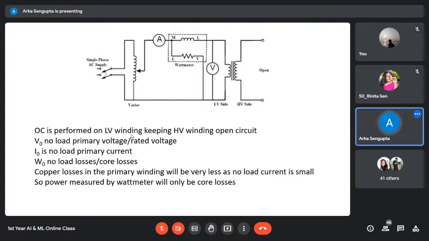So for finding out the efficiency of a transformer, have you been talked about core loss, copper loss in your class? Yes or no? Please reply. Yes, sir. Okay.